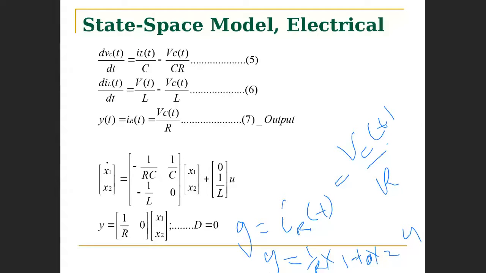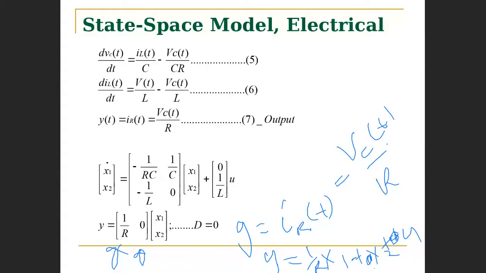What about the input term? No input term, so plus 0. Now putting it into matrix format, we can extract the terms: 1 over R for x1, 0 for x2, and D is 0.